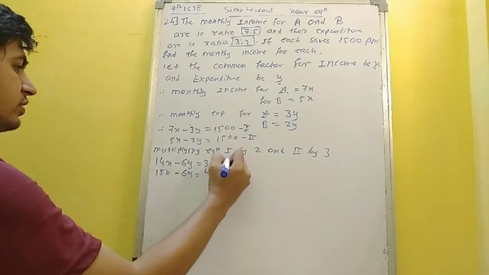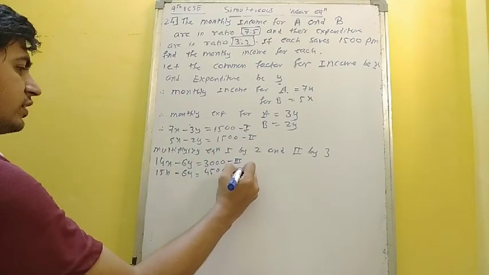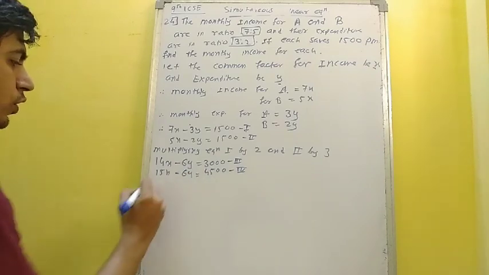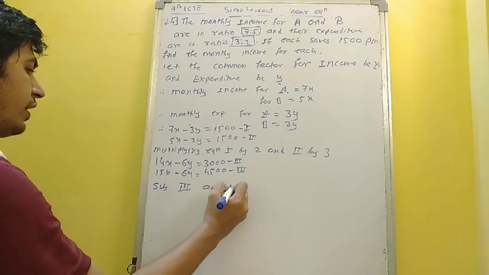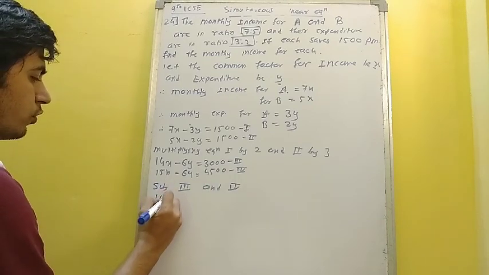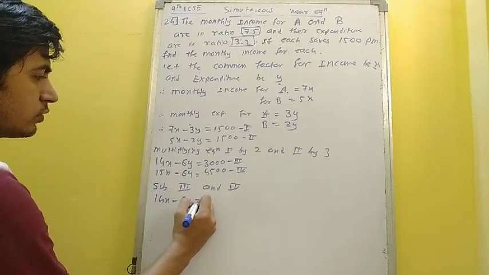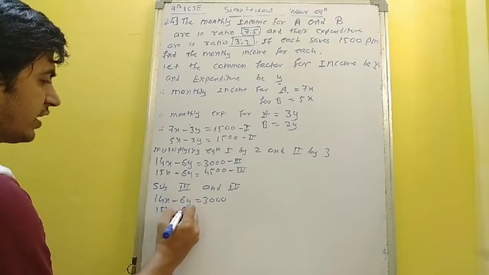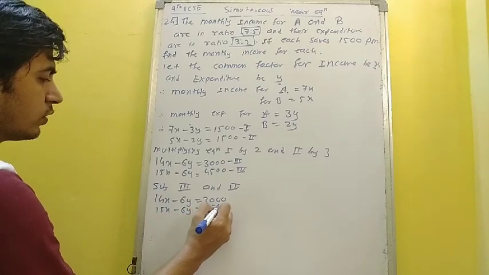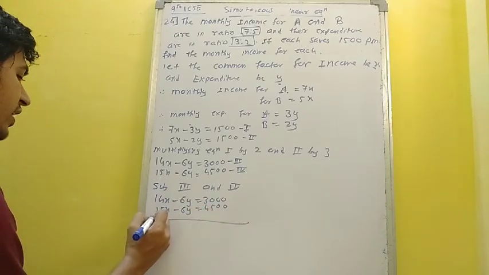This is new equation number 3, this is new equation number 4. So subtracting 3 and 4, we have 14x minus 6y is equal to 3000 and 15x minus 6y is equal to 4500. So sign gets changed.